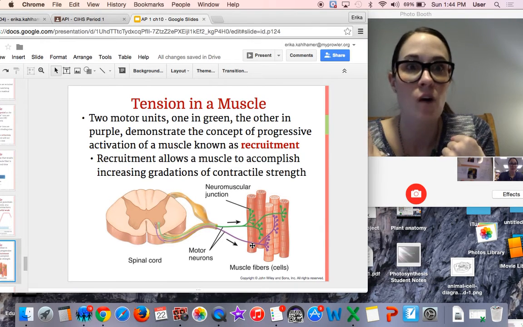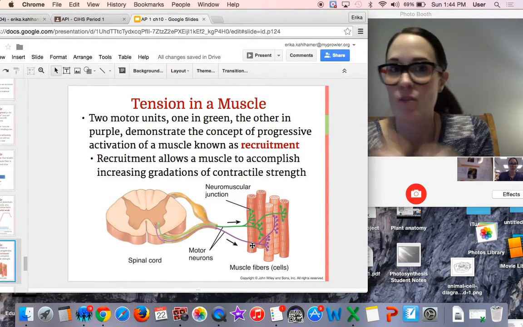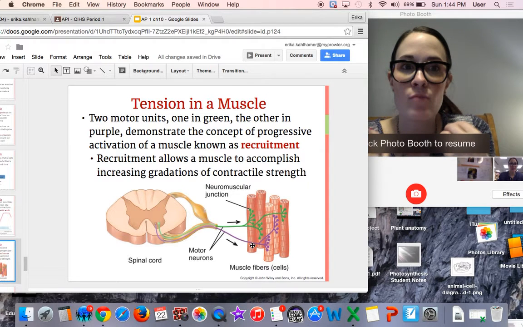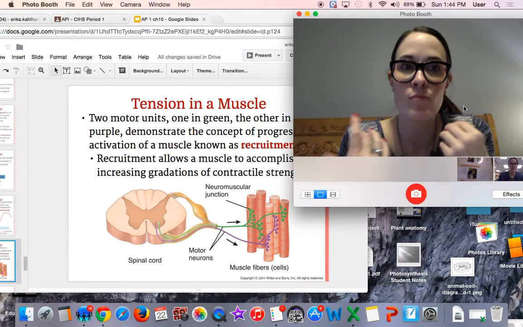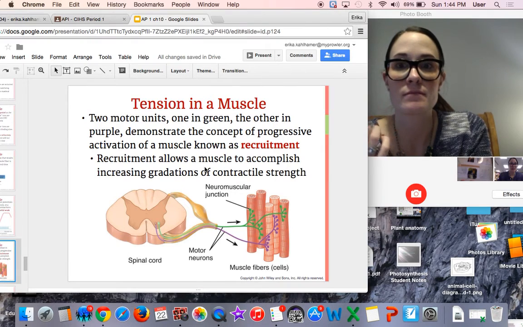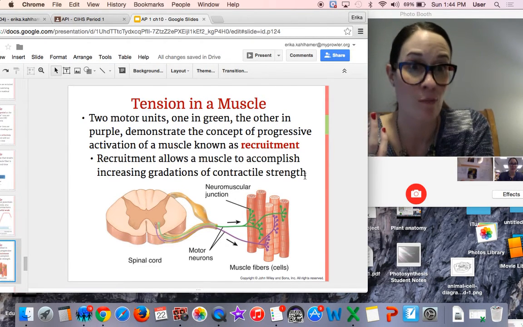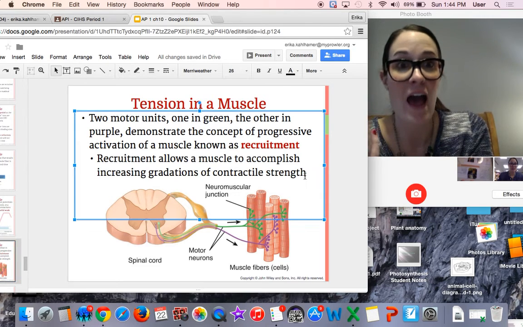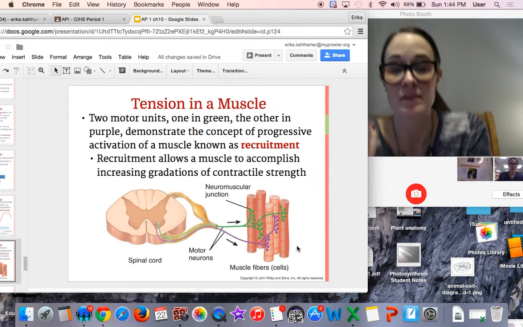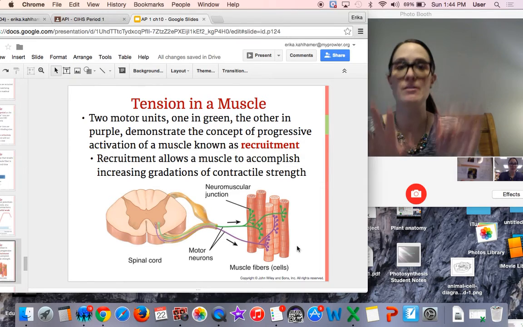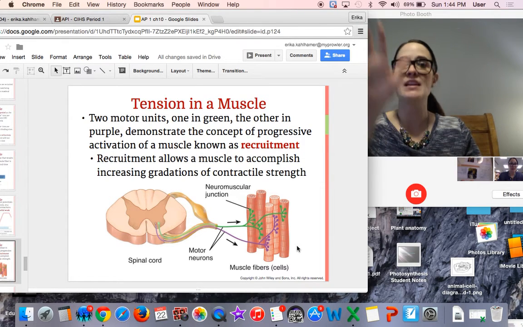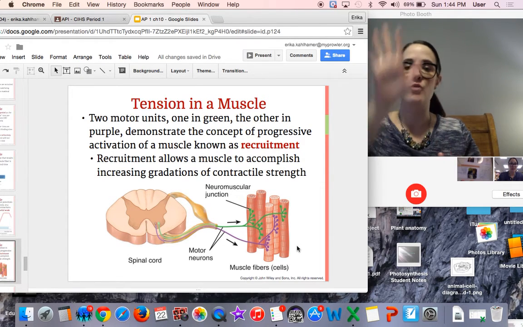You're doing a wall sit, okay? So at first, only a few motor units are activated, but eventually you're going to need more help for that activity, that contraction, okay? So they can be recruited at different times. And they actually can even take turns working, different motor units, okay?